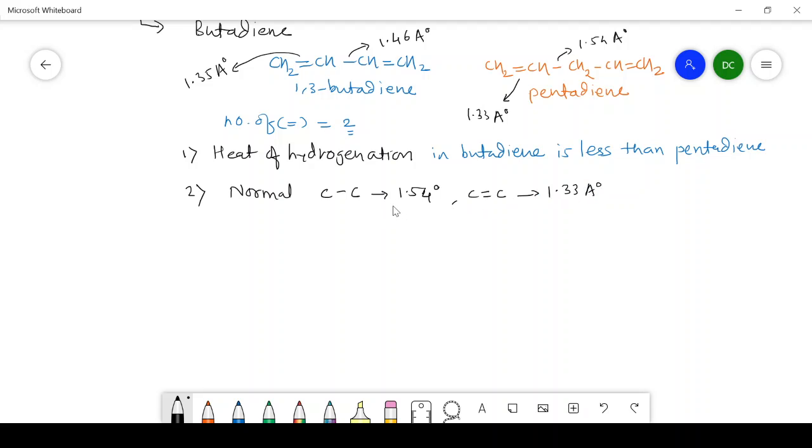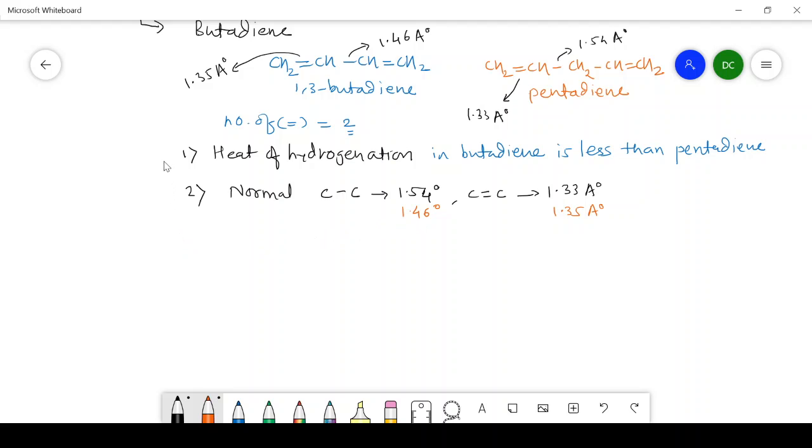These values are not observed in butadiene: instead of 1.54 we get 1.46, and instead of 1.33 we get 1.35. So the normal bond length values are not observed in butadiene, though it possesses a double bond and a single bond in its structure.